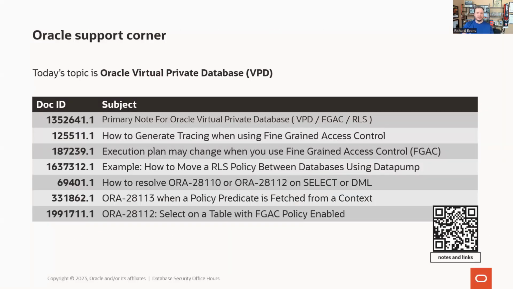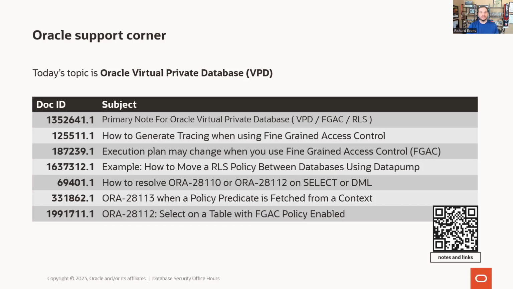So for today's presentation on virtual private database, I've got some notes here. Again, these are in the GitHub link, and I will share this in the chat again in case you came in late. But what I would recommend is starting with that primary note if you have any issues. Chapter 15 of the Database Security Guide in the 23c edition is where you'll find virtual private database, and I'll show you that guide here during the demonstration.